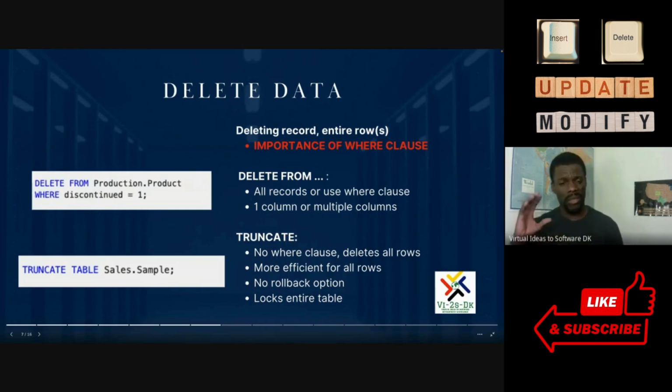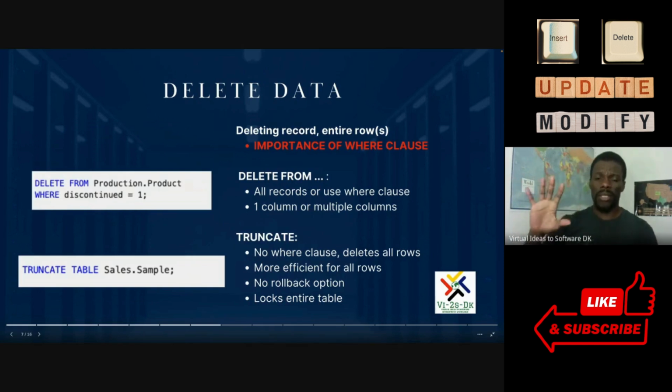Imagine if you have to delete 1,000,000 records, it's better to just truncate the table. The difference here is the truncate is actually going to lock the entire table. Meanwhile, delete is going to lock just the rows that you're currently deleting. So it depends how you want to do it. Also, when you truncate, you're not able to revert that operation.